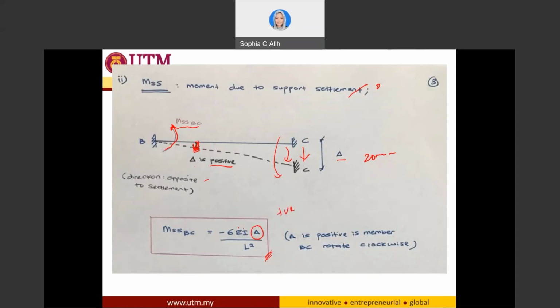But if the settlement causes the movement of the member to be counterclockwise, then it is going to be a negative delta value. L is the length of your member, that is the length of your BC. Now, this is the equation for the moment due to support settlement.